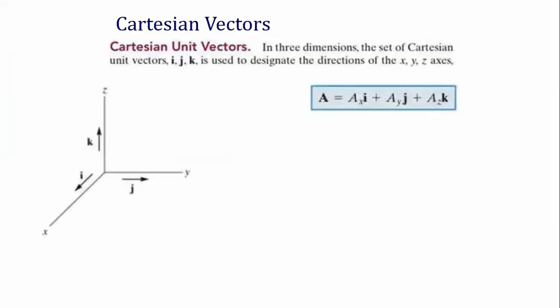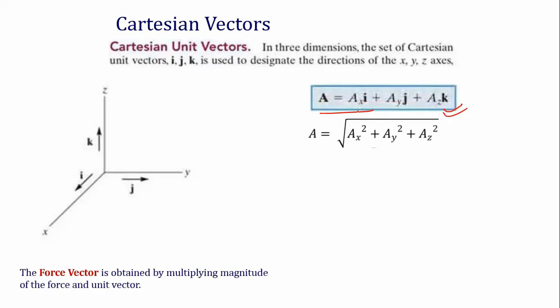Now in the previous class we discussed the concepts of solving problems of vectors in Cartesian space, and in Cartesian space we represented any force in this form. Force is equal to x component of force into i. So this form you know very well. If you represent a force in this form, then you can find out its magnitude by using this formula.